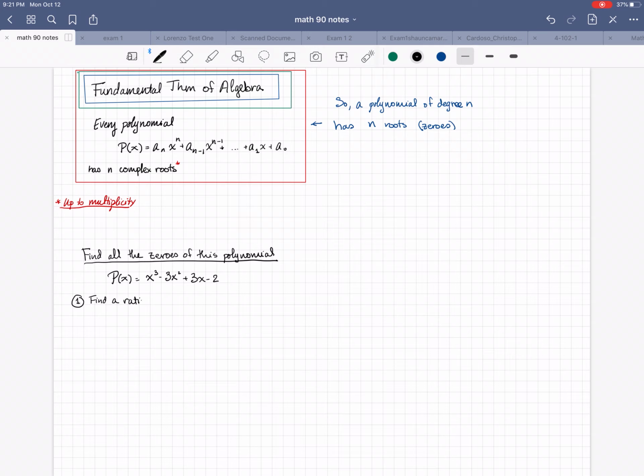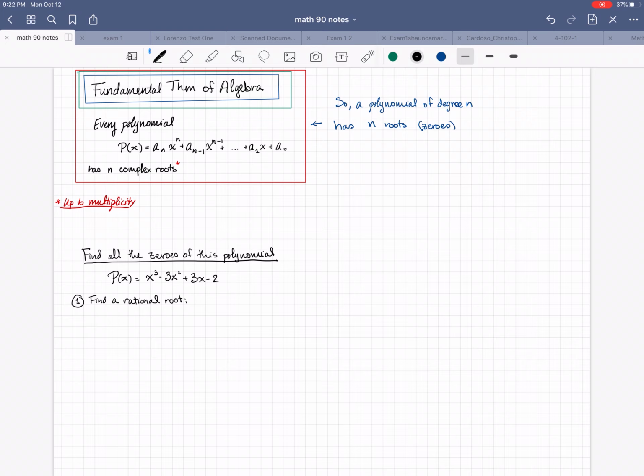And I hope what you remember from last week is, once you find a rational root, stop looking for rational roots, because there may not be more than one.